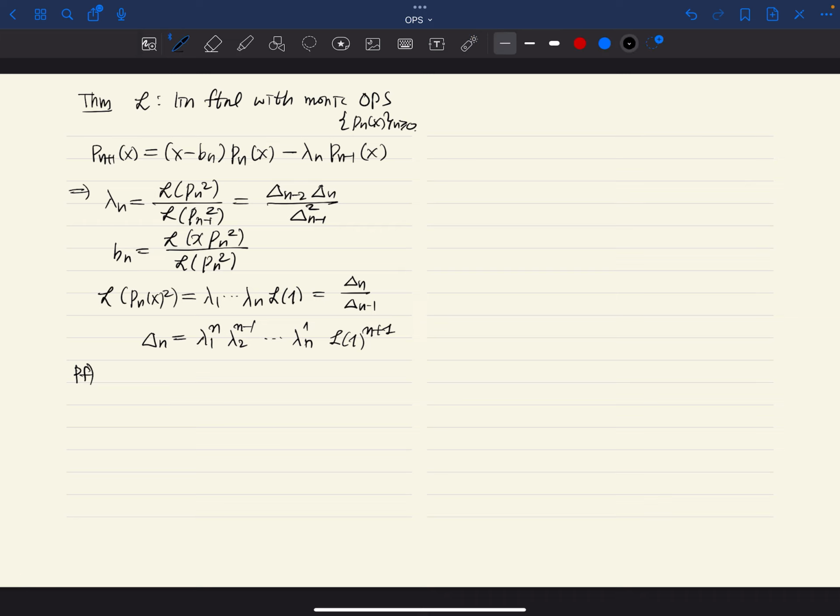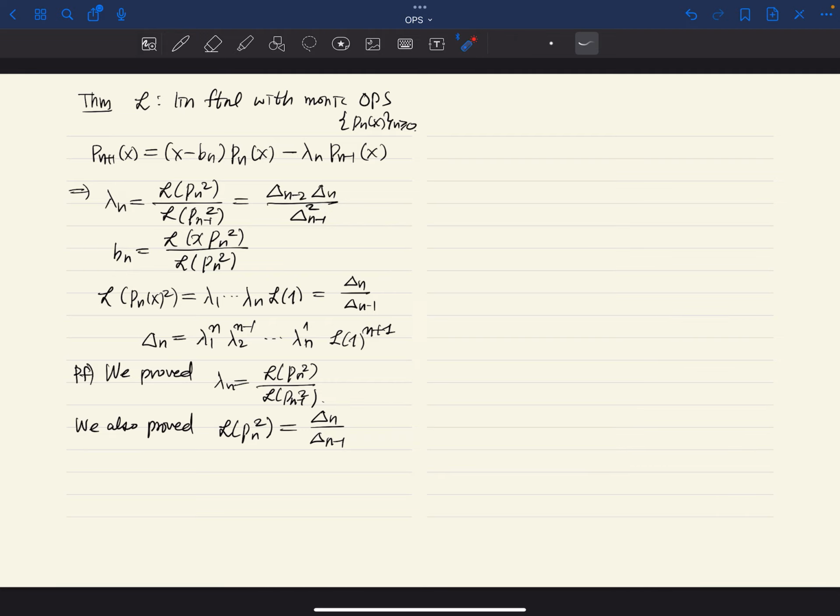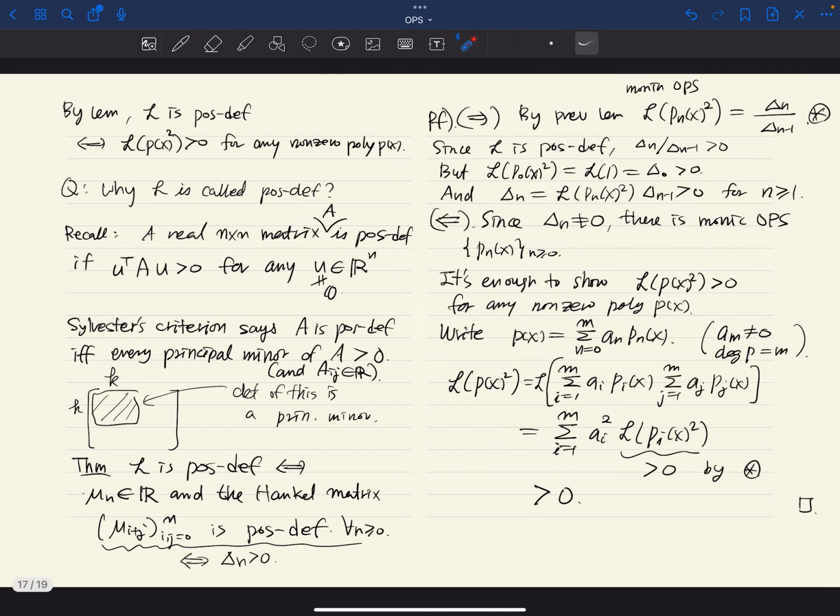And we also proved L of Pn squared for a monic polynomial equals delta n over delta n minus 1, because of this lemma.